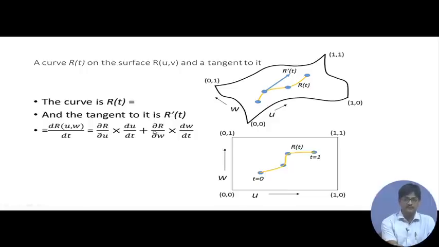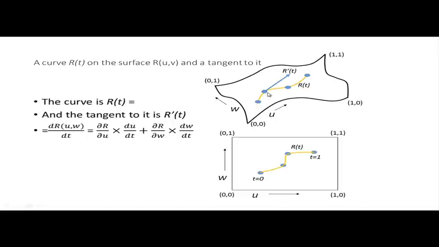Okay. So, del r/del u at a particular point on the surface is an invariant, that is, it does not depend upon the direction. Whether we are considering a curve in this direction or that direction, it is unique to a particular point on the surface.